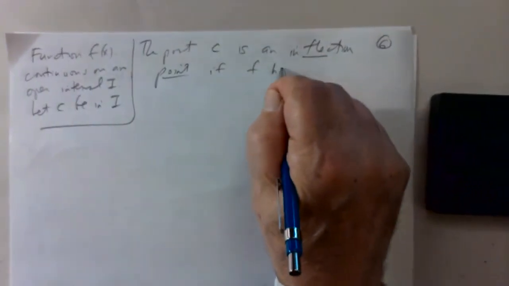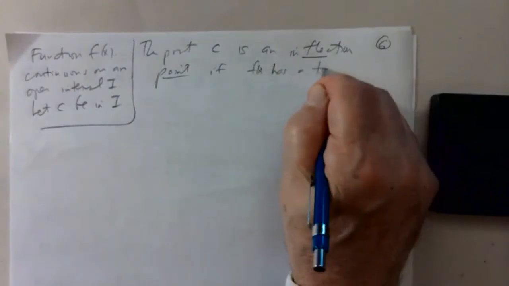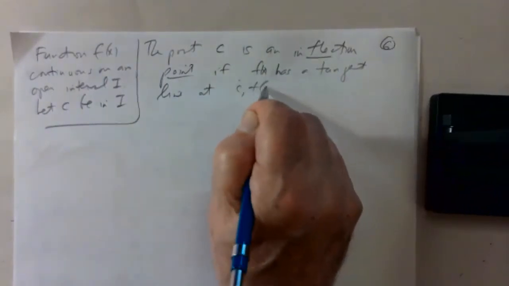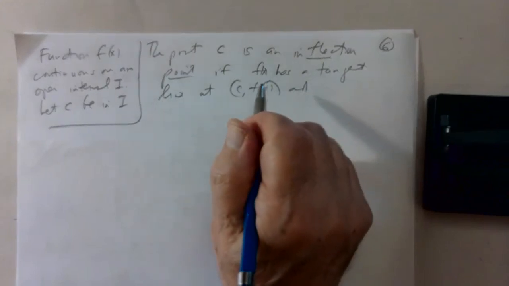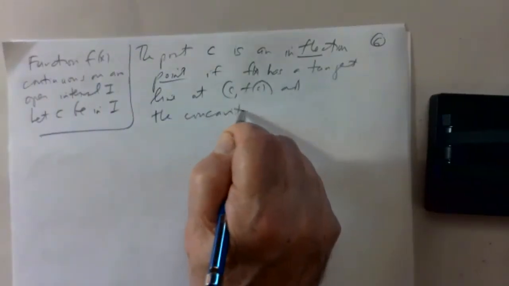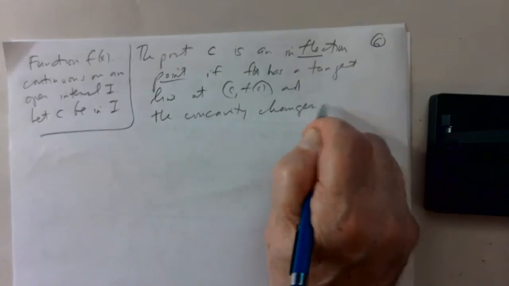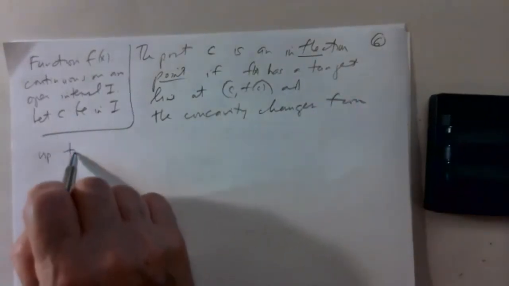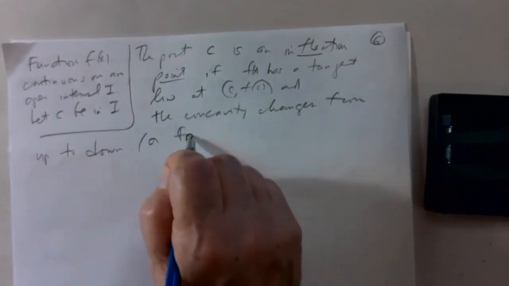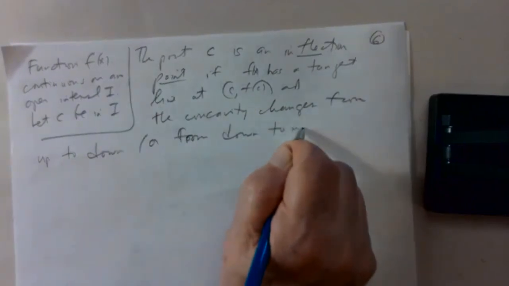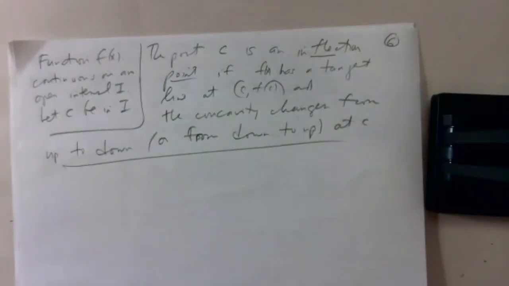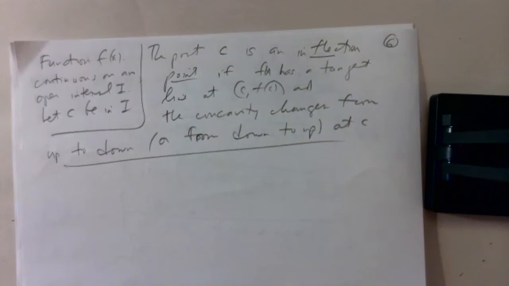If the function f has a tangent line, that means a derivative at the point C comma f of C, and the concavity of the graph changes from up to down or from down to up at the point C. So an inflection point is a point where the concavity changes.